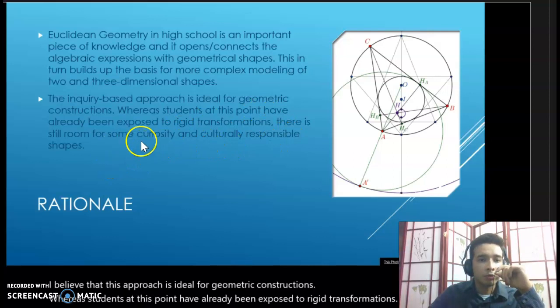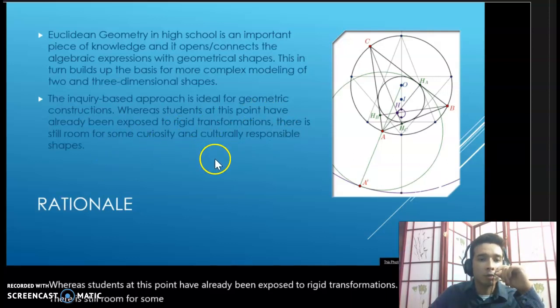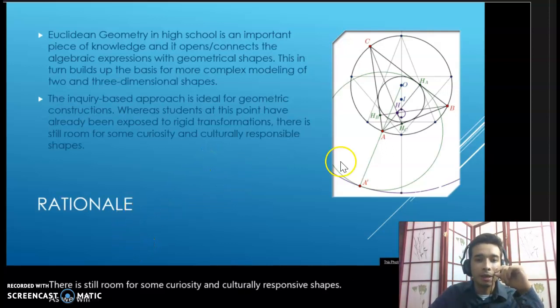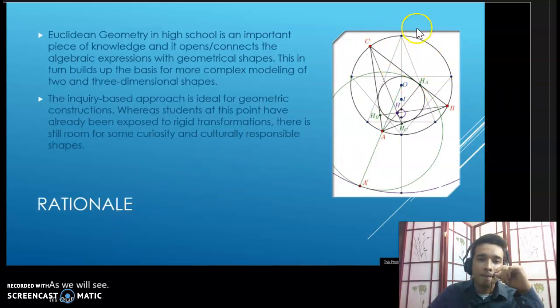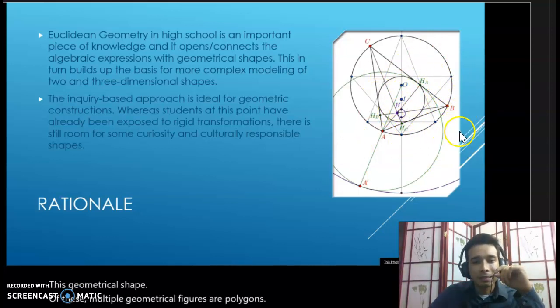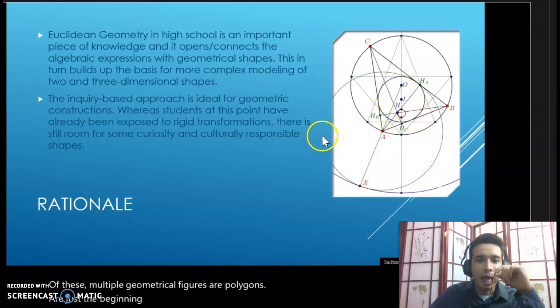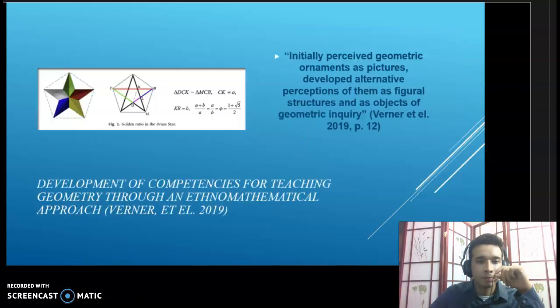There is still room for some curiosity and culturally responsive shapes, as we will see in our next slide. As you can see, these multiple geometrical figures, polygons, are just the beginning of what could happen in this geometry class.